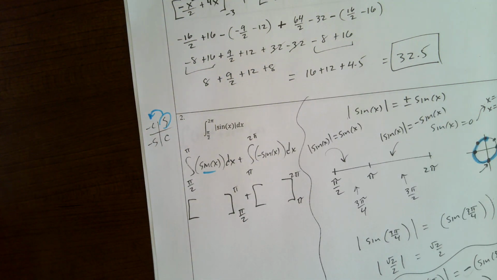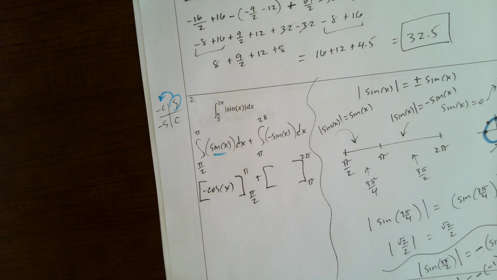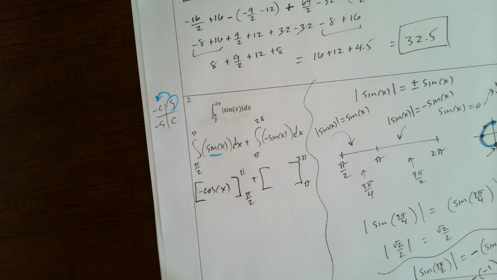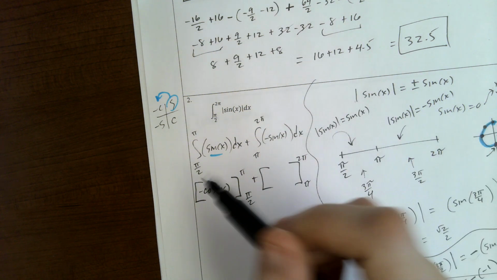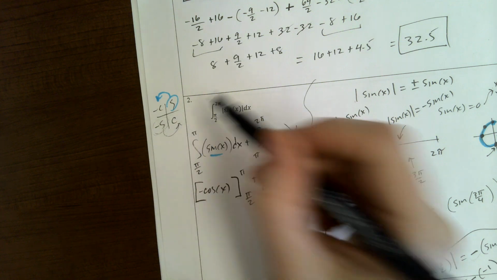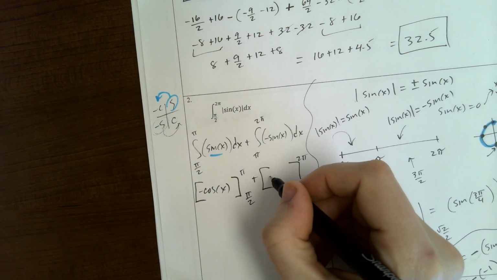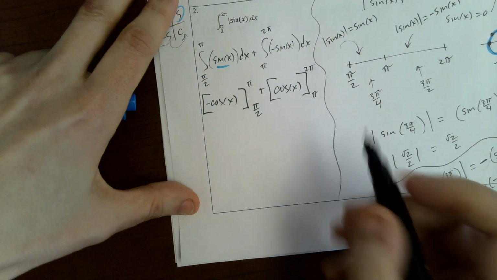So negative cosine. So negative cosine of x is the antiderivative of positive sine. So for negative sine, the antiderivative, you could find it like right here. Here's negative sine. Antiderivative, you're going that way.